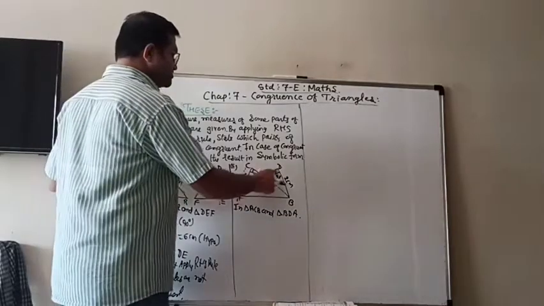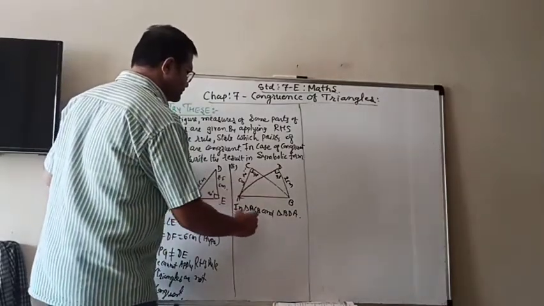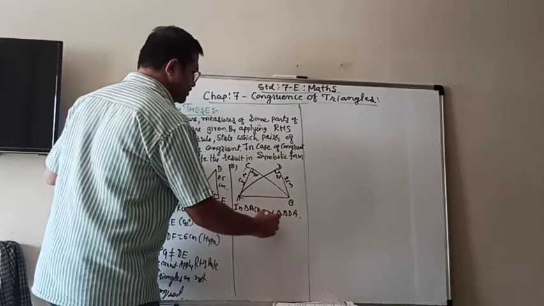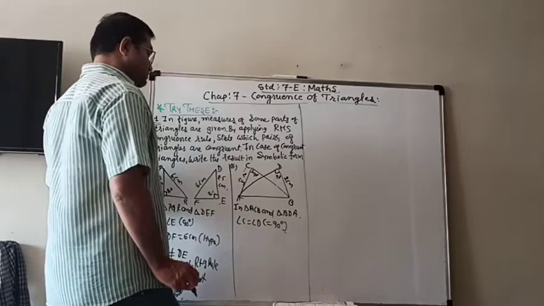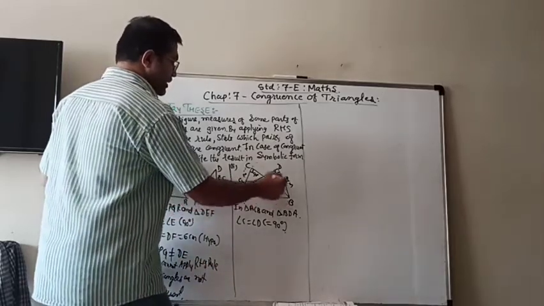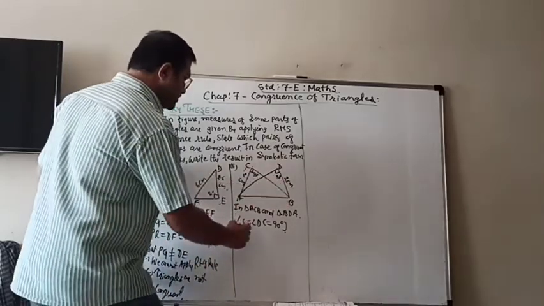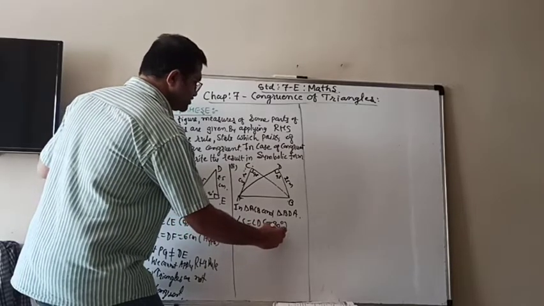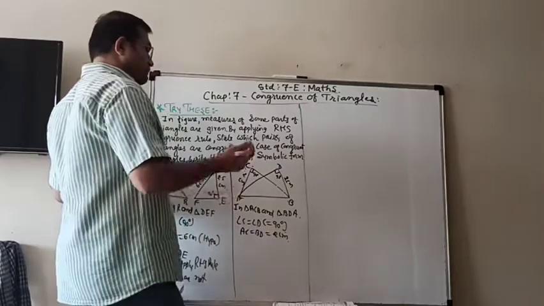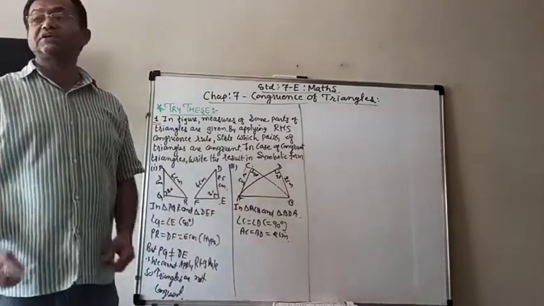we can see that angle C is equal to angle D, is equal to 90 degree. Then AC is equal to BD, is equal to 2 centimeter. But the third side, the hypotenuse, is not given.